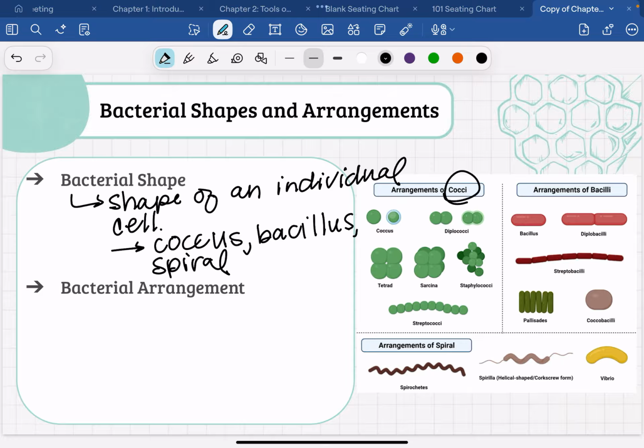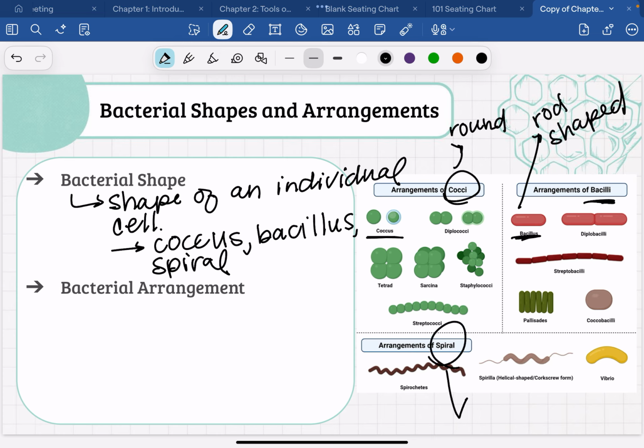So a coccus, plural cocci, is spherical. It's a round shape. Bacilli is plural, bacillus is singular, and is what we call rod-shaped. And then spirals, as you can probably guess, are spiral-shaped.